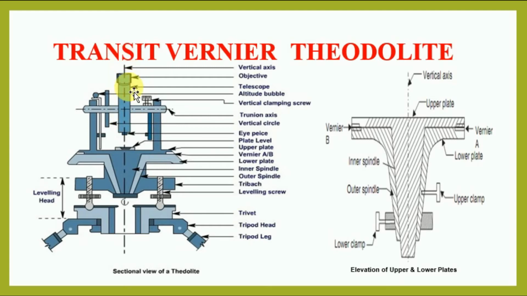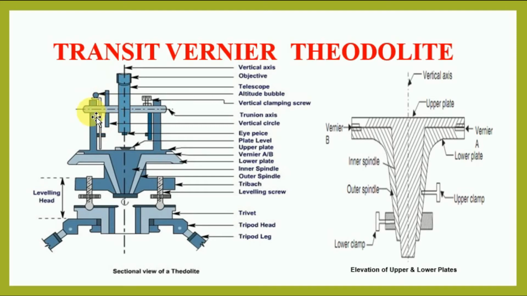This telescope is attached to the trunnion axis, which is also said to be horizontal axis. On the trunnion axis, there is a vertical circle which is used for taking the reading of vertical measurement.